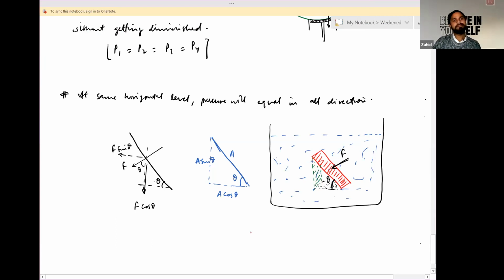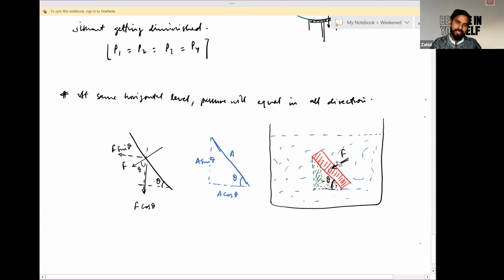Wahid, is it clear how I have just resolved the different components? Let this F be applied over this particular segment having area A, which I have resolved according to this theta into two components, one along the horizontal line and the other along the vertical line.